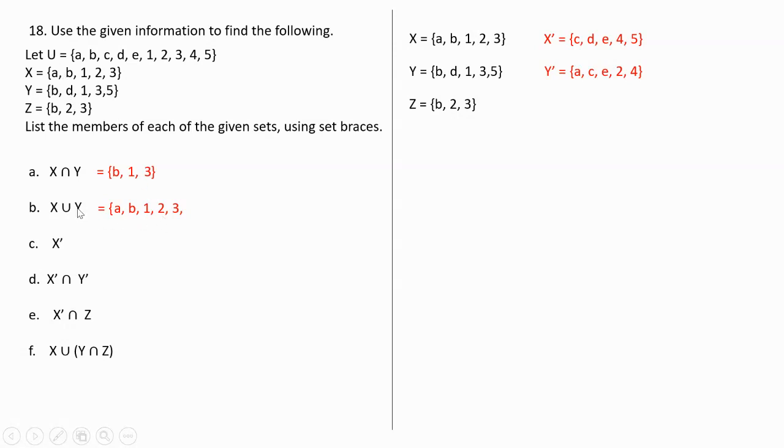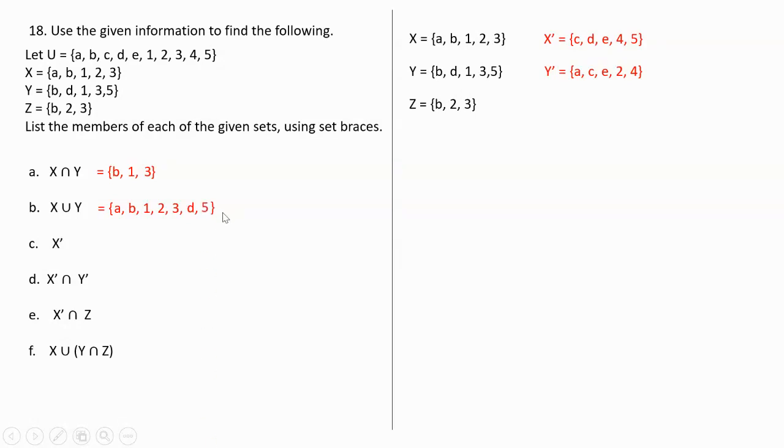Then we go to Y, and if it's already there, we don't write it again. For example, is B already there? Yes, it is, so we don't write it again. The D is not there, so we need to put the D. The 1's already there. The 3's already there. How about the 5? The 5 is not there yet, so we put the 5.